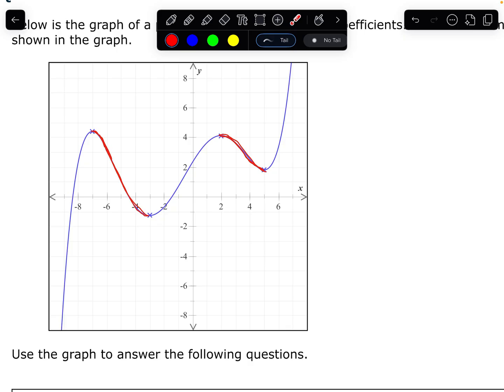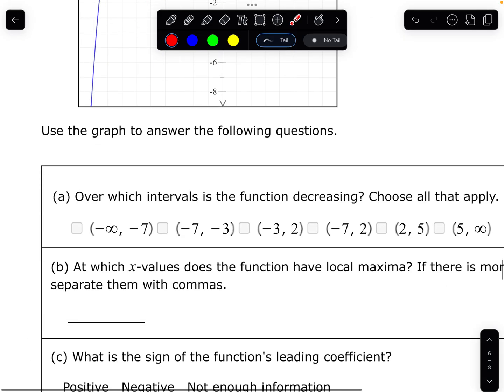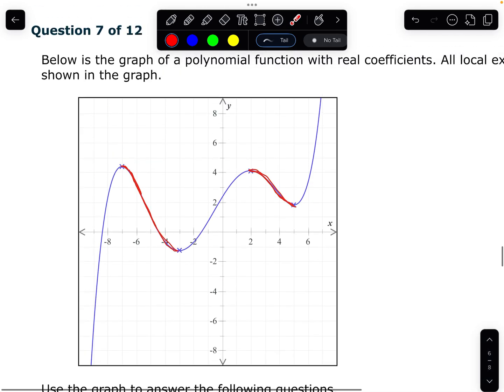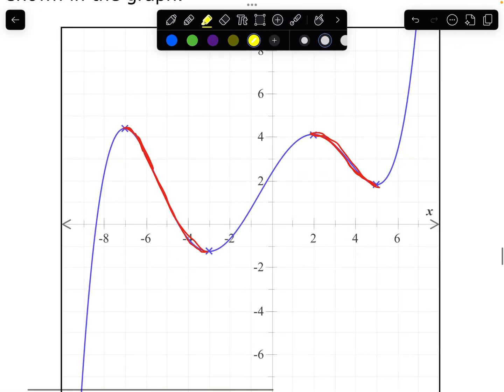Now, what are the x values? These intervals right here, or these parentheses, they're not coordinate points. They're saying from x equals -7 to x equals -3, or x equals -3 to x equals 2. So this is called interval notation. And so when I go here, since here is where it begins, I look at the x-axis for those points, the x values, and I shade in between them.